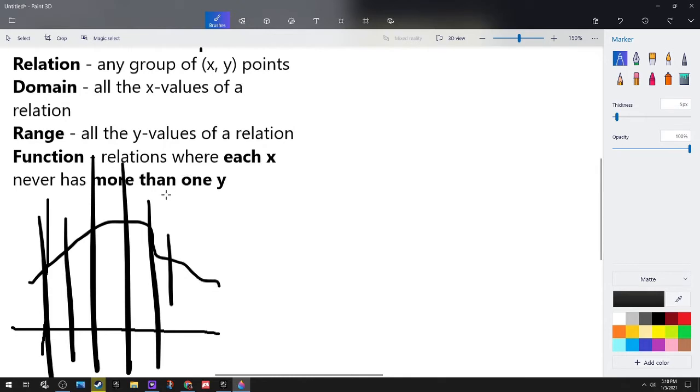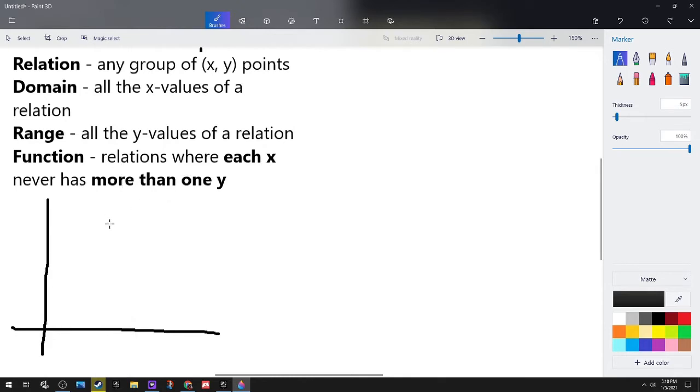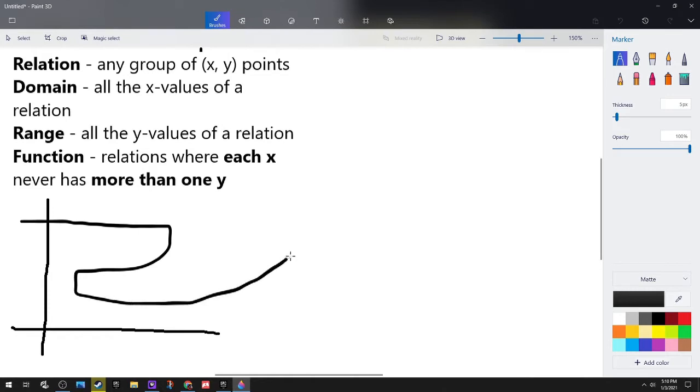Cool, that relation's a function too. So what about this one? Well, over here, it's not hitting more than once, but then right here, hit, hit, hit. That hit more than once. That means this is not a function.